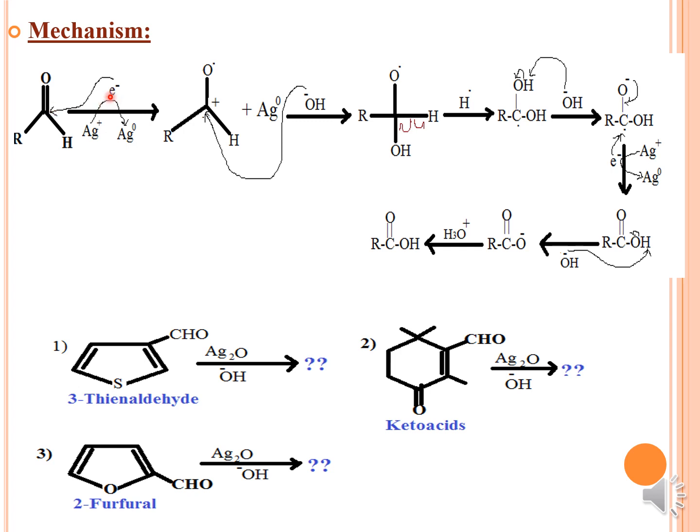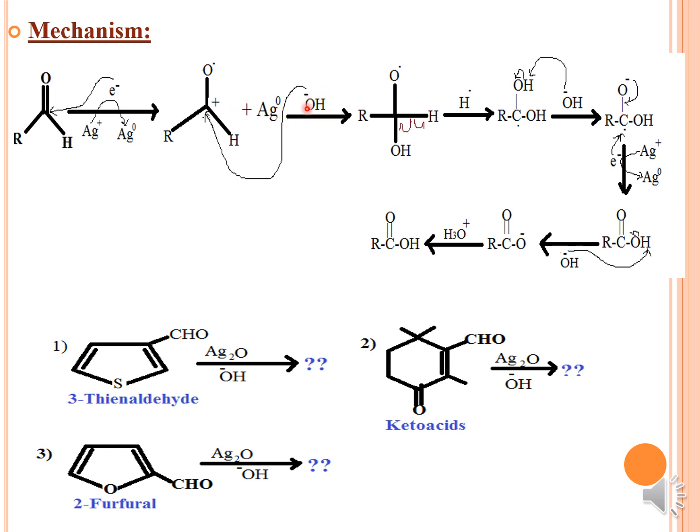So when one electron shifts over here, there is a homolytic cleavage, and one radical formation takes place over the oxygen atom. One more electron combines with one of the electrons and makes it a positive charge. Once it makes a positive charge, with the cleavage, here you are getting Ag ground state, Ag0.